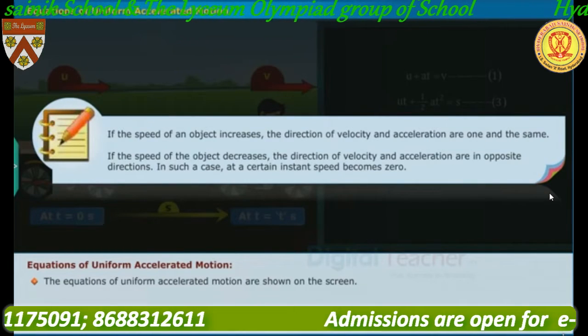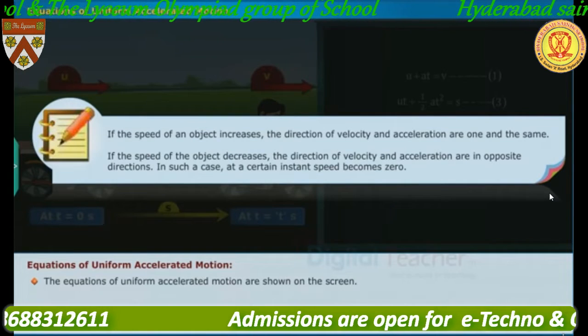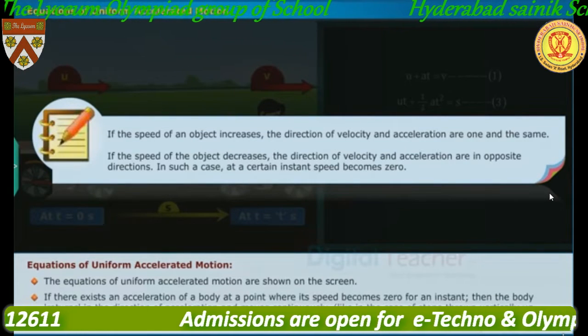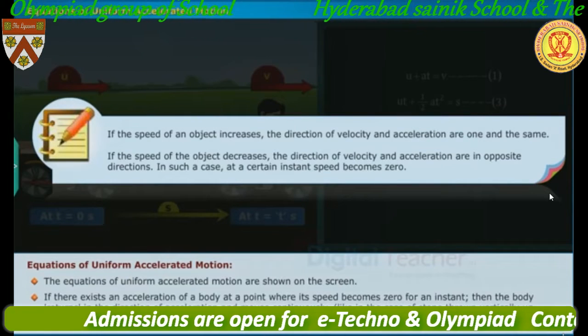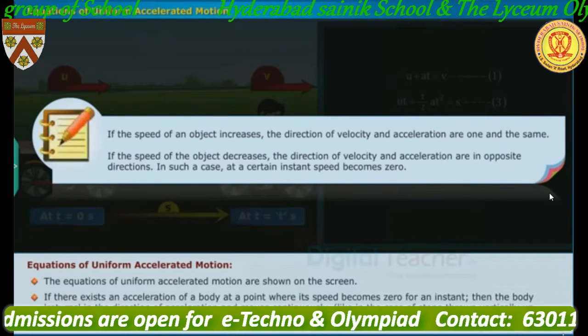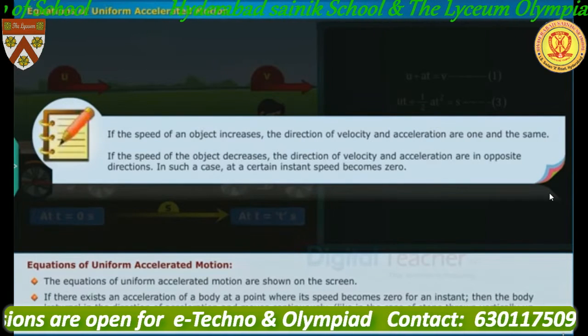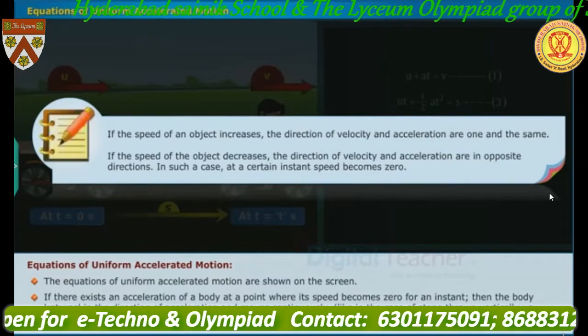In such a case, at a certain instant, speed becomes 0. If there exists an acceleration of a body at a point where its speed becomes 0 for an instant, then the body returns in the direction of acceleration and moves continuously, like in the case of a stone thrown vertically up into air.